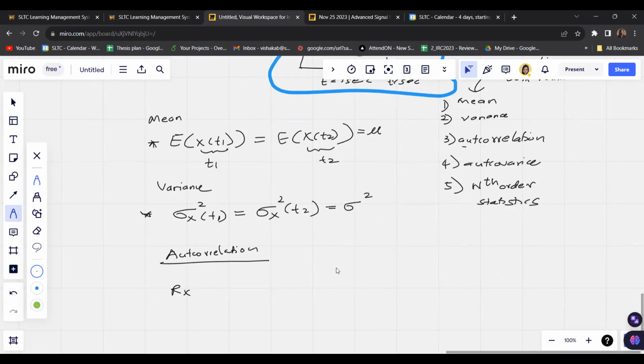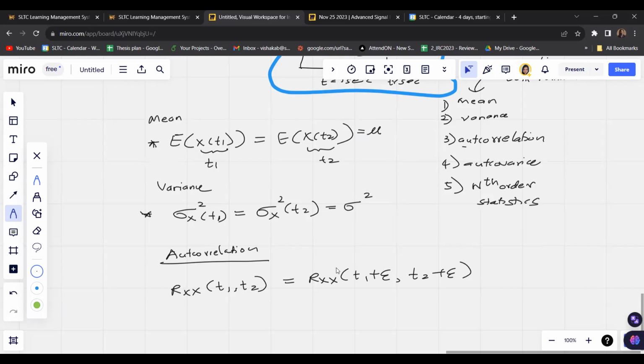So here I will explain: the autocorrelation between the T1, T2 variables will be equal to the autocorrelation function obtained at time instances T1 plus epsilon, comma, T2 plus epsilon.